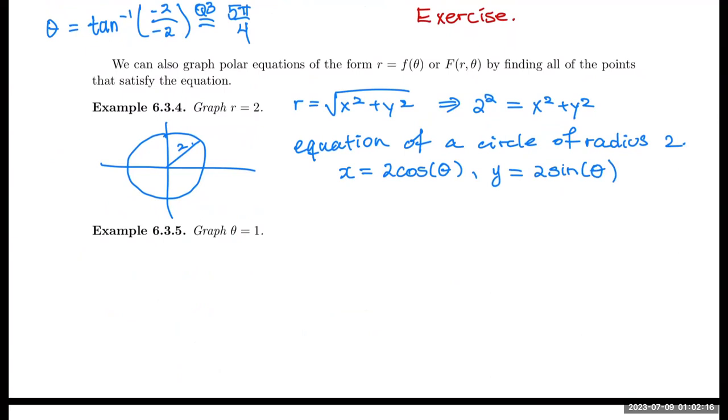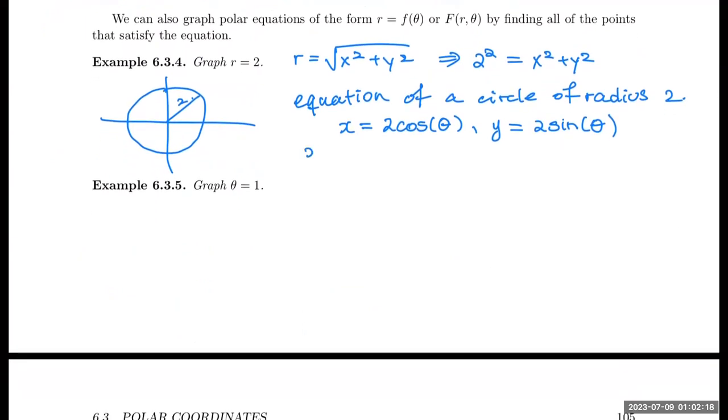Well, x squared plus y squared is going to equal 4 cos squared theta plus 4 sine squared theta, which we know is equal to the radius squared, which is 2 squared.